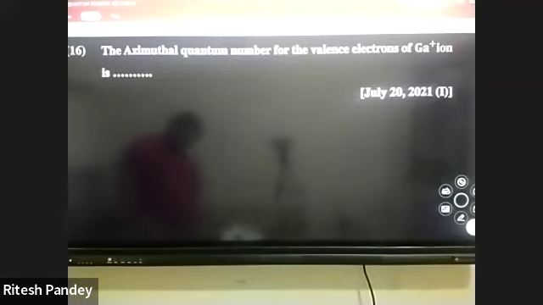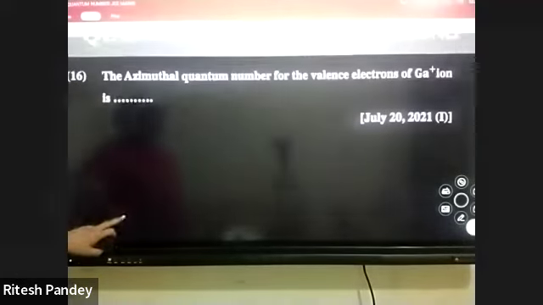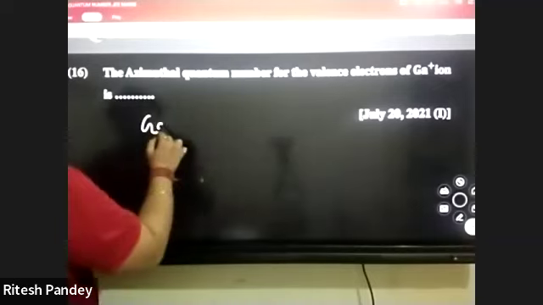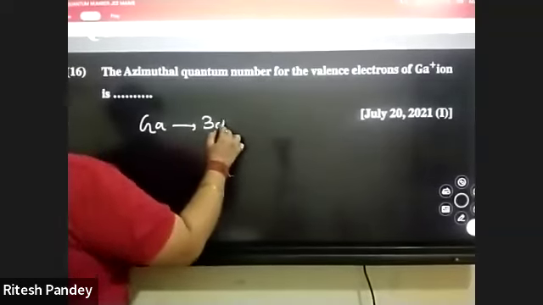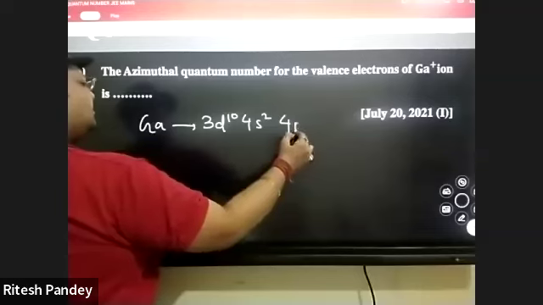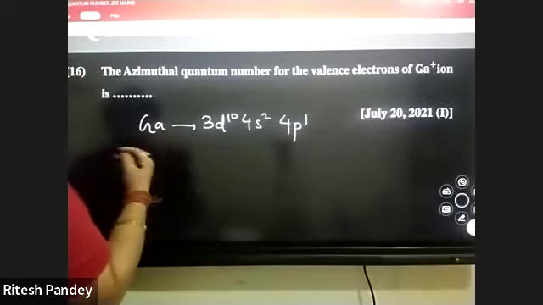Azimuthal quantum number for gallium. 0. What's the electronic configuration of gallium, by the way? 3d10, 4s2, 4p1. Naturally, gallium follows zinc.